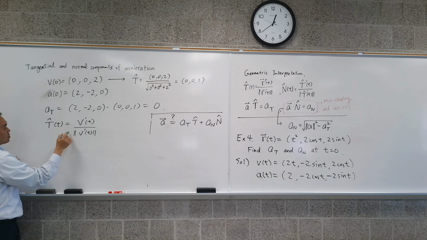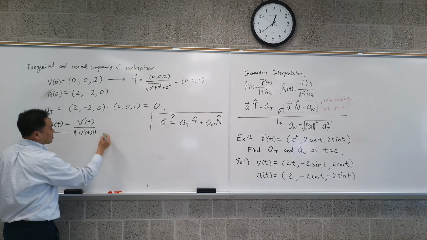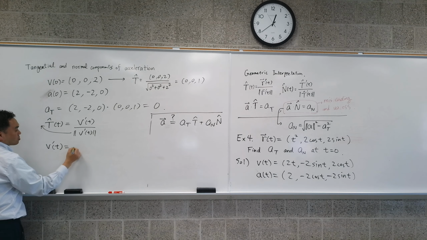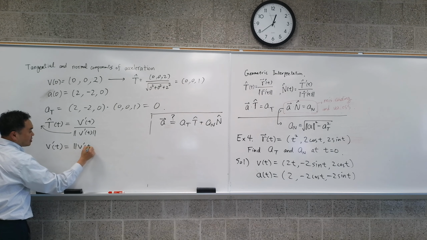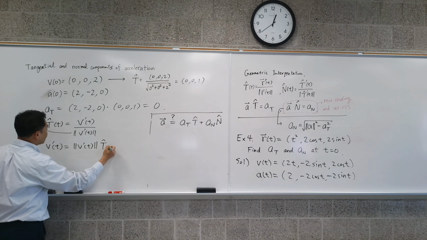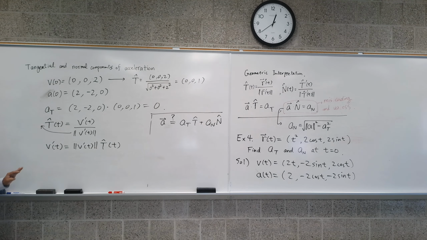Then you multiply this to the other side so that you get v prime of t equals the norm of v prime of t times t hat of t. And what is v prime of t? If you differentiate the velocity, what do you get? Acceleration.